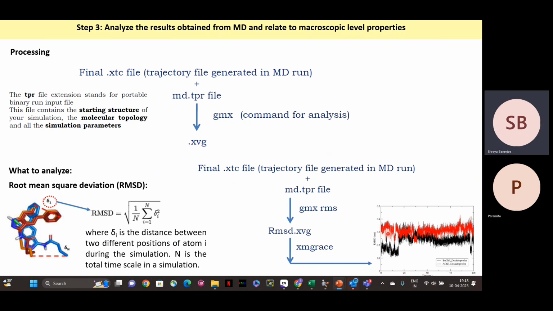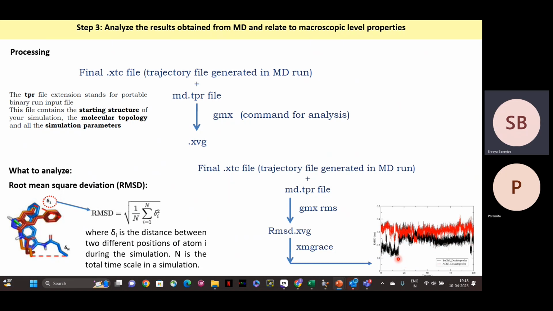If you see, for this red colored protein, the root mean square deviation is more or less constant. That means during the dynamic study of the protein, the structure is not changing that much from the initial structure. But in this black protein, there is a sudden jump in structure, and the root mean square deviation is initially small, but later it becomes large.